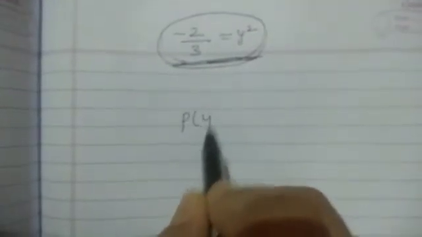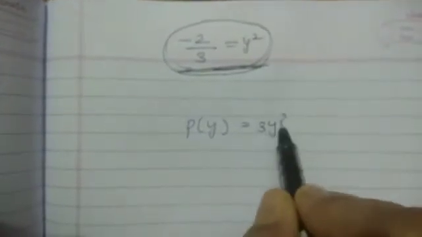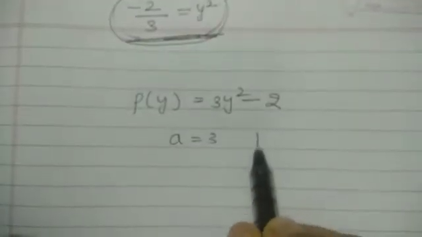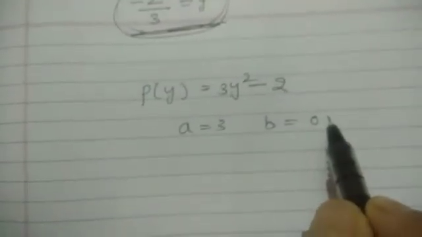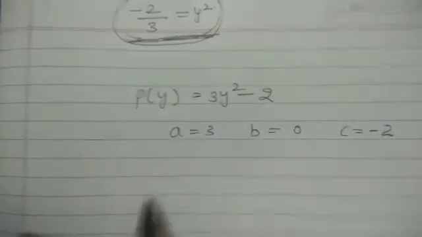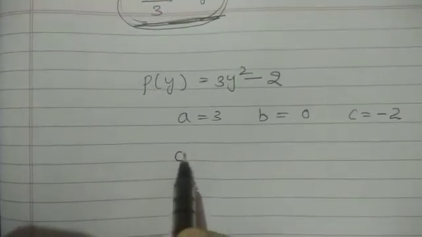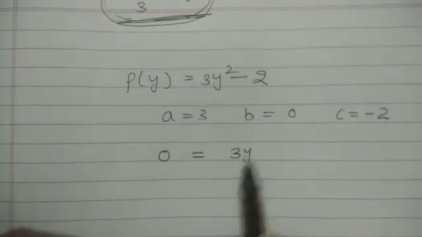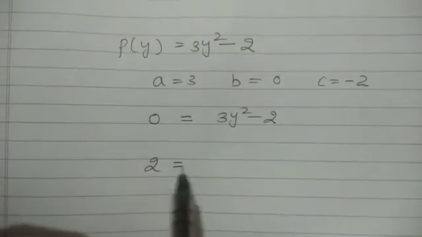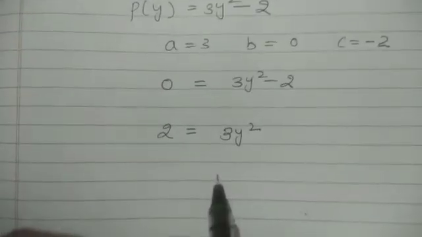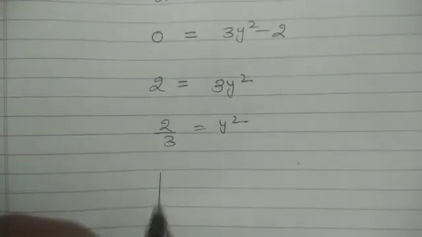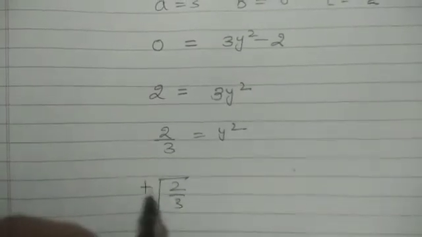Suppose I am taking p(y) equal to 3y square minus 2. Again, here a equals 3, b equals 0 and c equals minus 2. Now to find its zeros, p(y) equals 0, 3y square minus 2. Now transpose minus 2 to the other side, minus 2 will become plus 2, 3y square equals 2, and 2 upon 3 equals y square, and y will be equal to plus minus square root of 2 by 3.